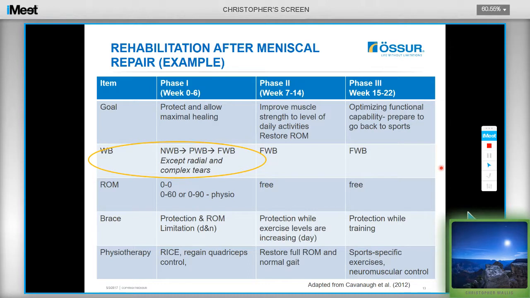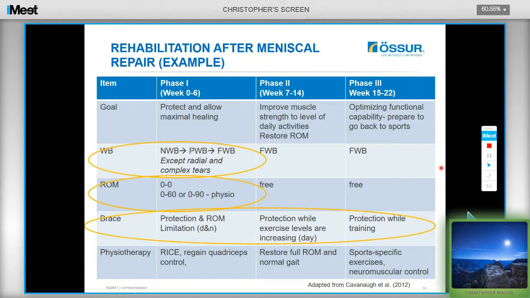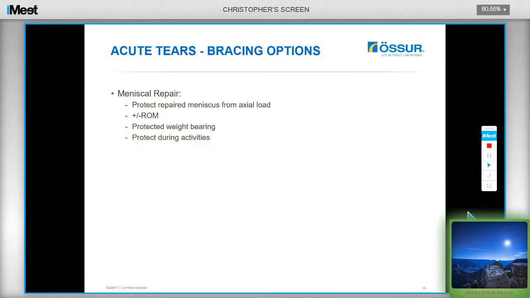From a bracing perspective, we can provide bracing that affects weight bearing. Range of motion control, we certainly can control that. And for day and night wear protection and range of motion control, we've got something that can cover right throughout these rehab protocols.